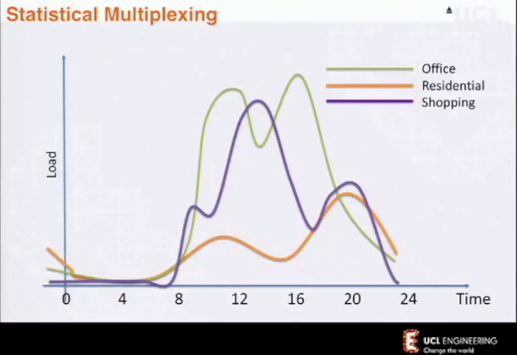So now, rather than having to capacitize the green to the top, the purple to the top, the orange to the top, I can add up and integrate across those. And now all I need to capacitize is to cross these to whatever my average is going to be.